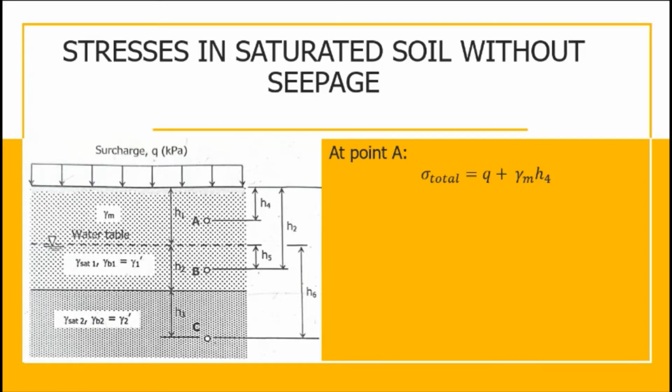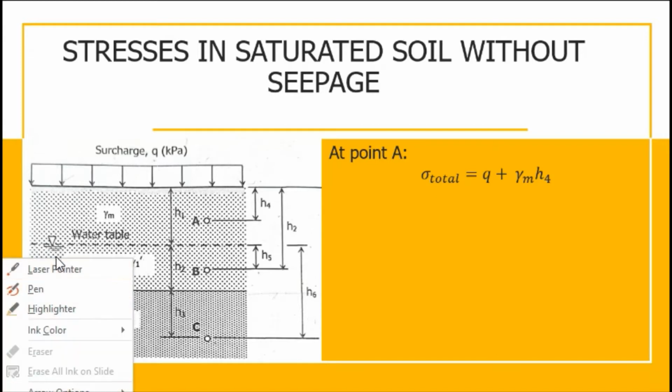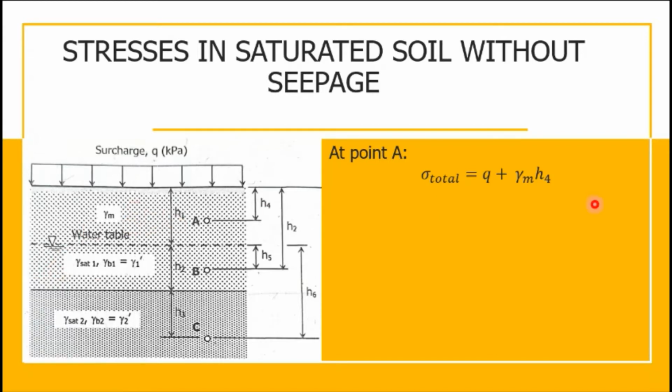If it is given in the problem that the soil is dry, you will have to use the dry unit weight because it's above the water table. But in this particular problem, it is said that this soil layer above the water table is moist, so you will use the moist unit weight at this point.